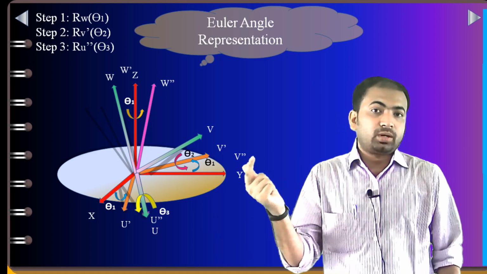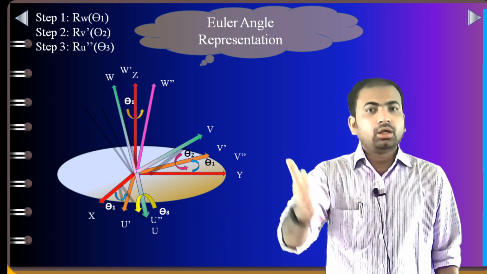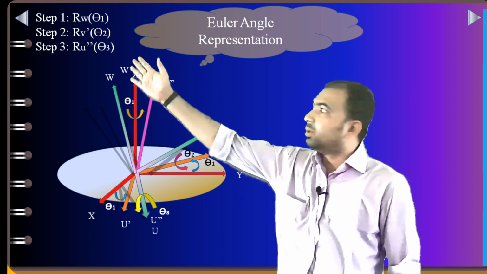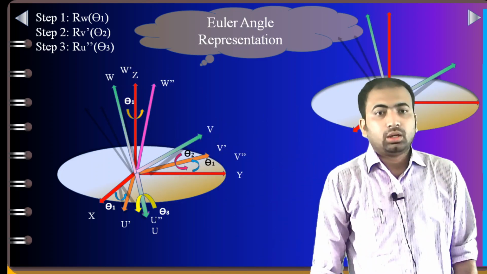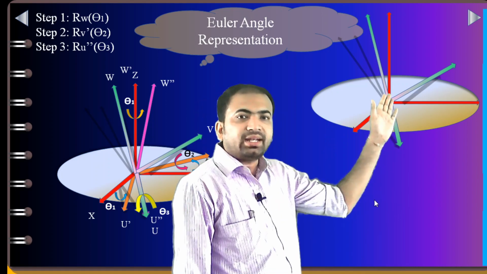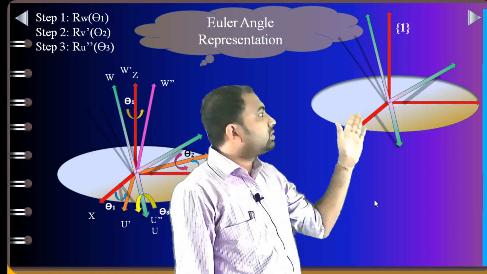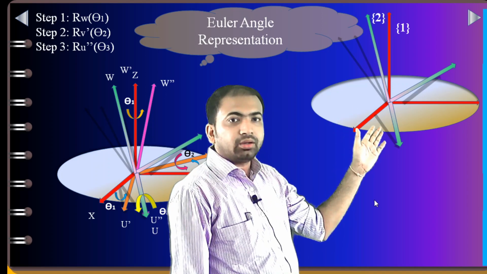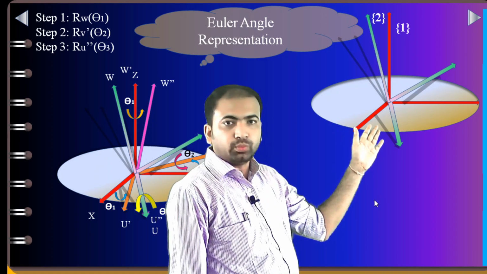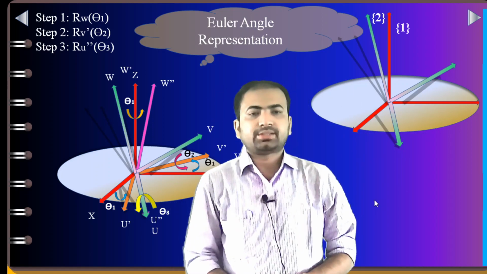So we got from frame 1 to frame 2 after following these 3 steps as mentioned here. Now you can see this red color frame is our frame 1 and this green color frame is frame 2. So finally we got this result in this case.